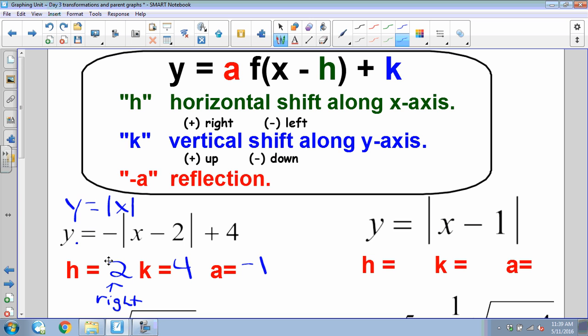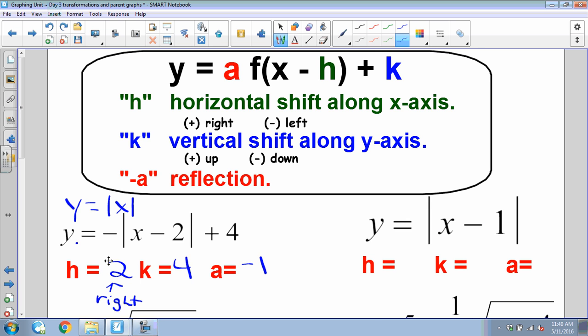Once it's reflected, it did this. So it shifted 2 units to the right, 4 units up, and then reflected. Okay? That's what you have to be able to look at in these graphs. Like I said, we're just interpreting. If I say, explain the transformations, you would say 2 units to the right, 4 units up, and reflect. All right?